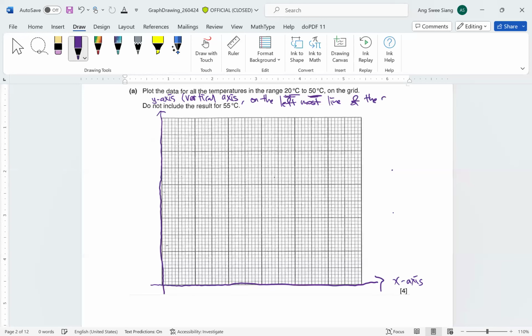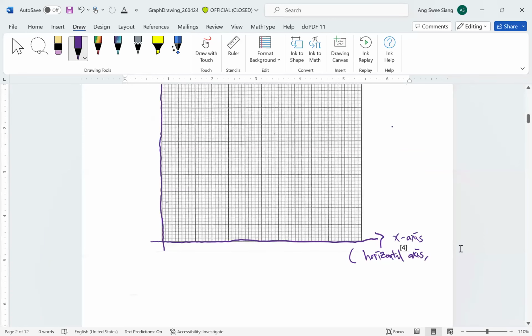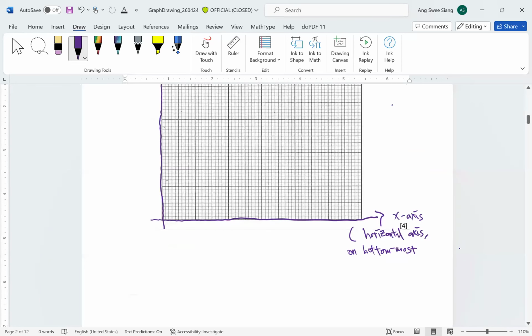Then the x-axis is the horizontal axis, and usually I will draw it on the bottommost line. I know my English is a bit weird. I don't know whether there's this thing called bottommost line, but never mind. Bottommost line of the grid area.